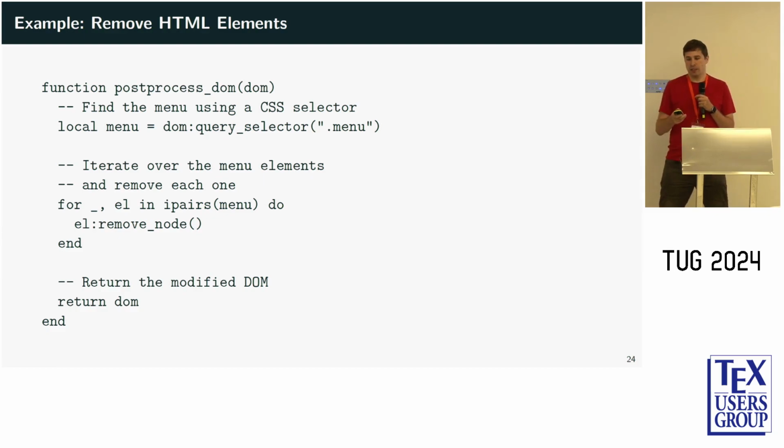So we had div class menu, so we can select it using dot menu, and it will select all menu elements in the document, and we can then loop over it using pairs. It is the Lua function to loop over an array, and in this loop we get another object that is the current element, and we can use the remove node function to remove this element.